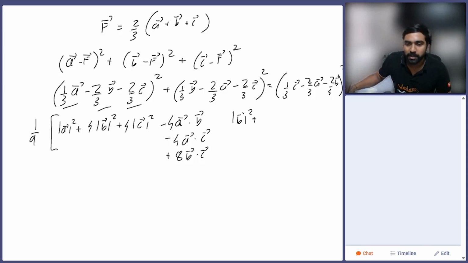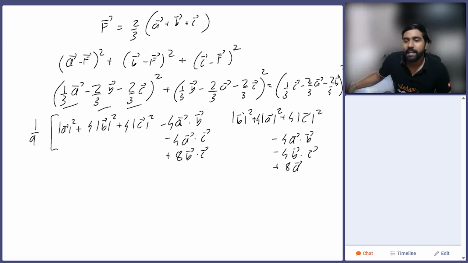I will get magnitude B square plus 4 times magnitude A square plus 4 times magnitude C square. Then I'll get minus 4 times A dot B, minus 4 times B dot C, plus 8 times A dot C. And in the last case, I will get magnitude C square plus 4 times magnitude A square plus 4 times magnitude B square.